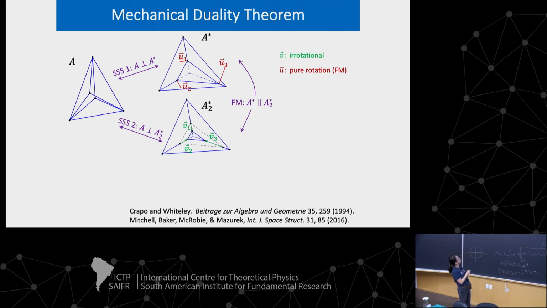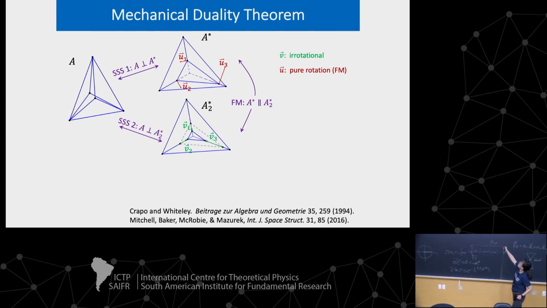You imagine you have two states of self-stress. And each of the state of self-stress, you can use it to construct a reciprocal diagram, right? Because for one state of self-stress, you know what the lengths are. You can use that to construct it. And then you ask, what is the relation between these two reciprocal diagrams that are both due to this one?